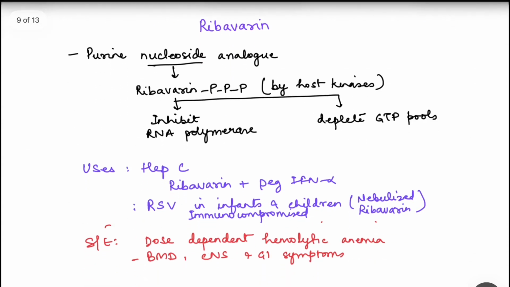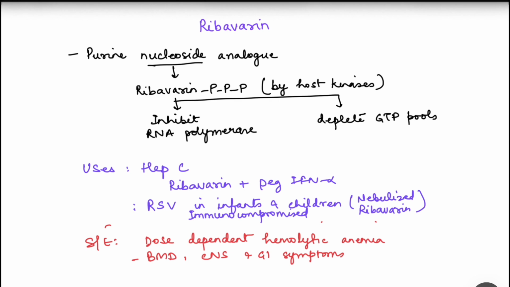Interferon alpha, I am not going to discuss the mechanism of action because I have already discussed it in the previous video. These interferons are actually released from the host cells. These are the normal immune mechanisms which exist in the body. But when we give interferon alpha from outside, it acts by the same mechanism.